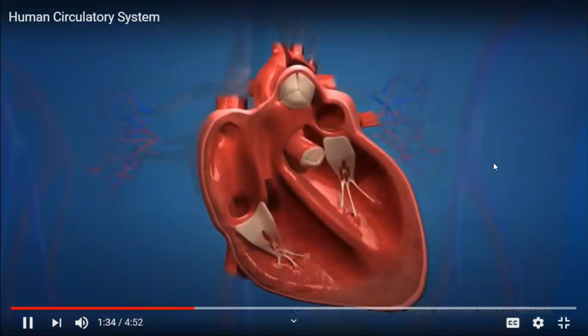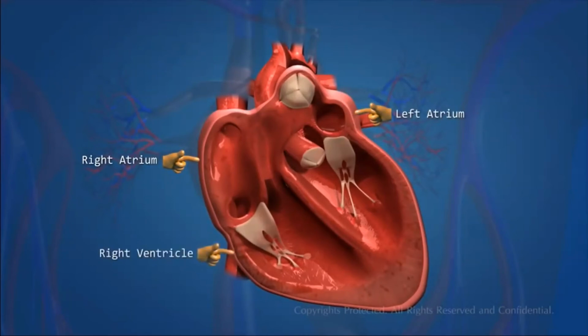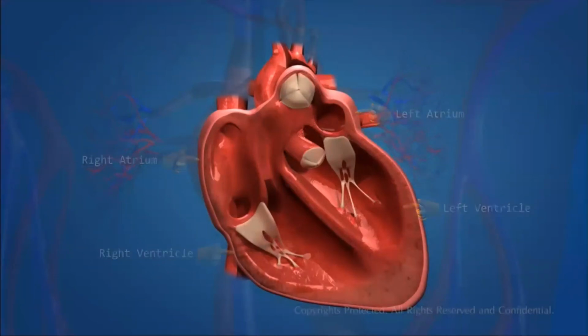The human heart has four chambers: the right atrium, the left atrium, the right ventricle, and the left ventricle. There are four valves in the heart.